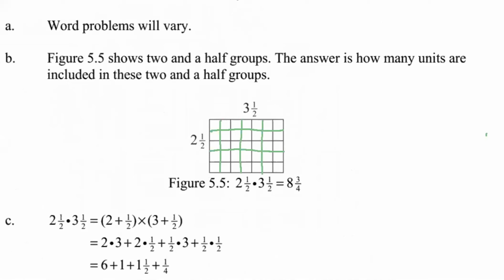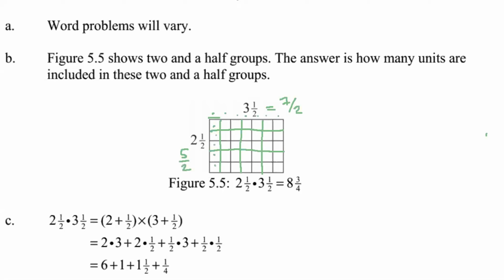Now every line itself represents the distance of 1/2, right? And we have across the top 1, 2, 3, 4, 5, 6, 7. We have 7 of these halves. And going down, we have 1, 2, 3, 4, 5. We have 5 of these halves.